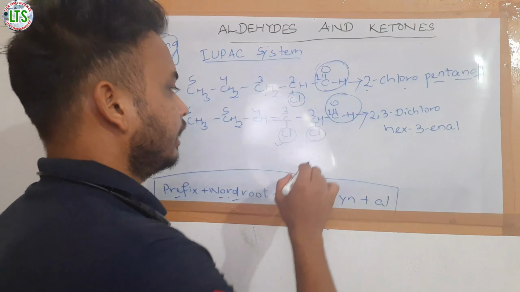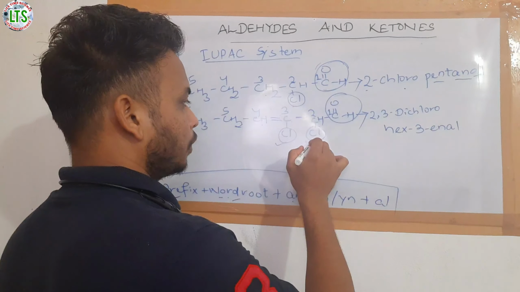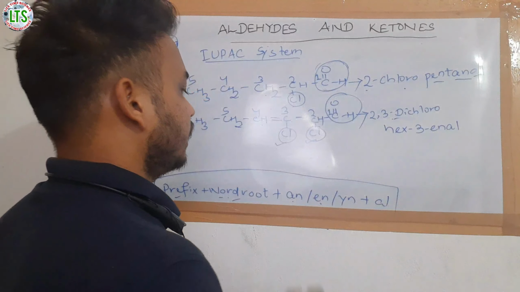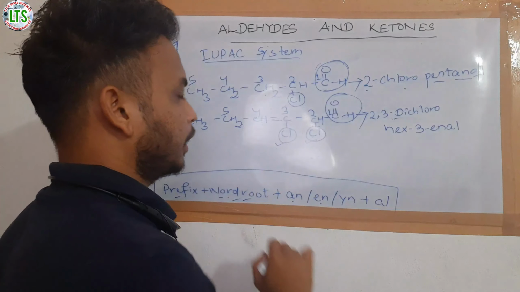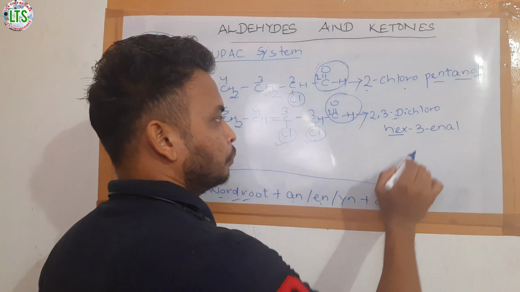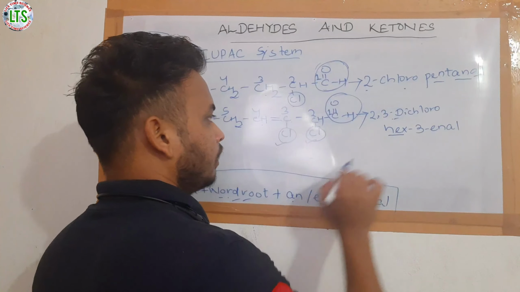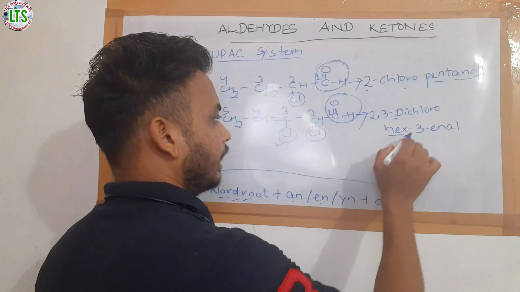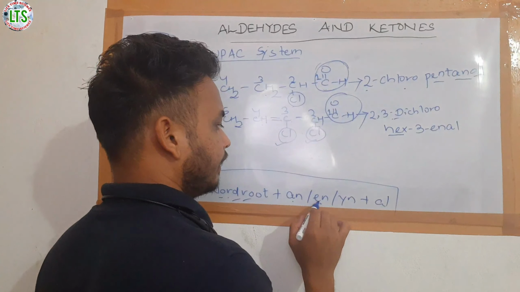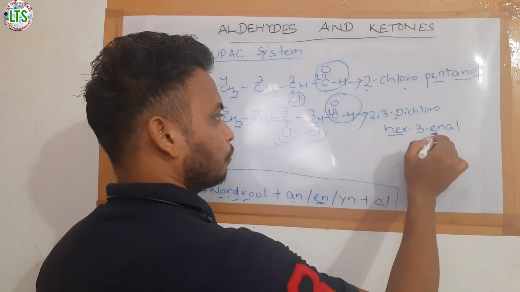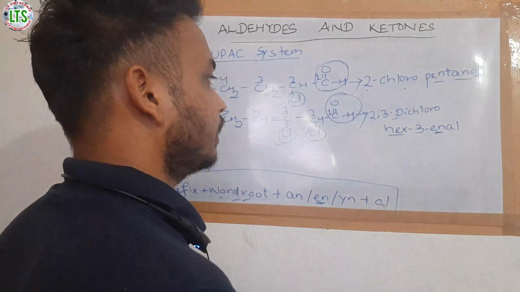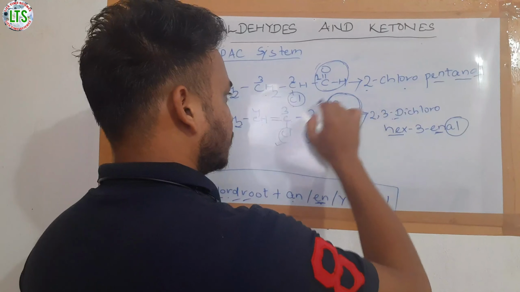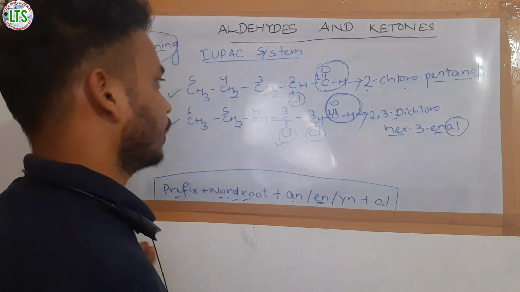As there are two chloro groups, we write 2,3-dichloro. Then the word root: as there are 6 carbon atoms, we write hex, hyphen, there is a double bond at carbon number 3, so we write 3 and EN for the double bond, and lastly the AL or CHO group is present in this compound.